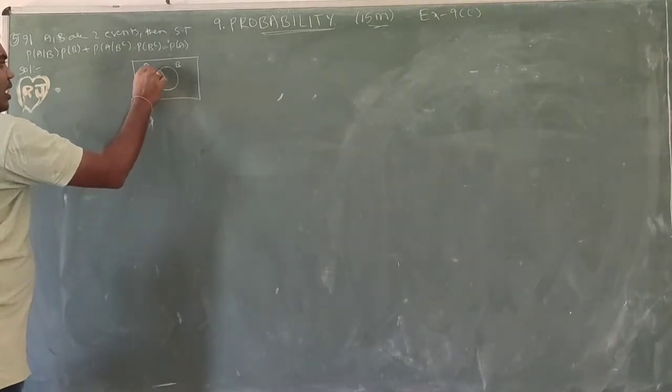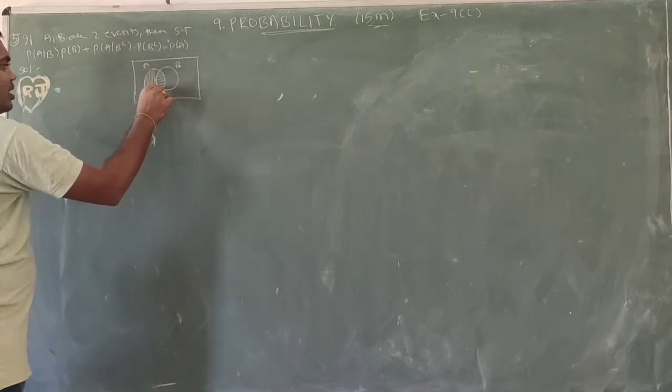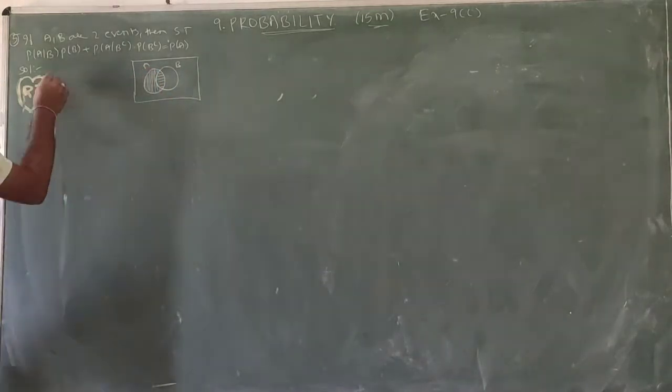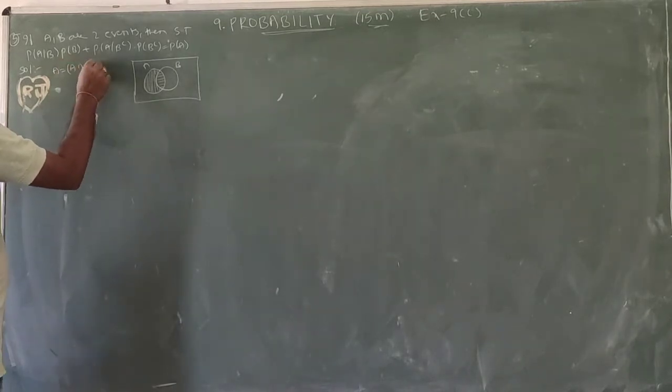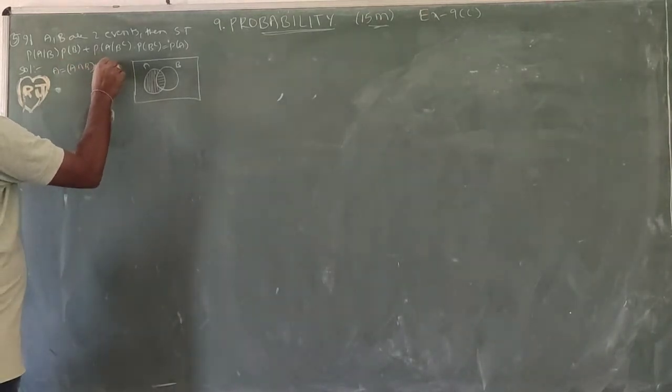This part is either A minus B or A intersection B complement. So A is equal to A intersection B union A minus B, or A intersection B complement.